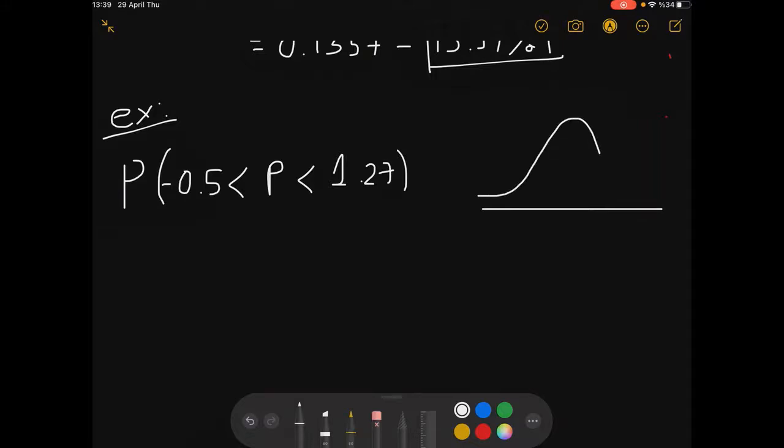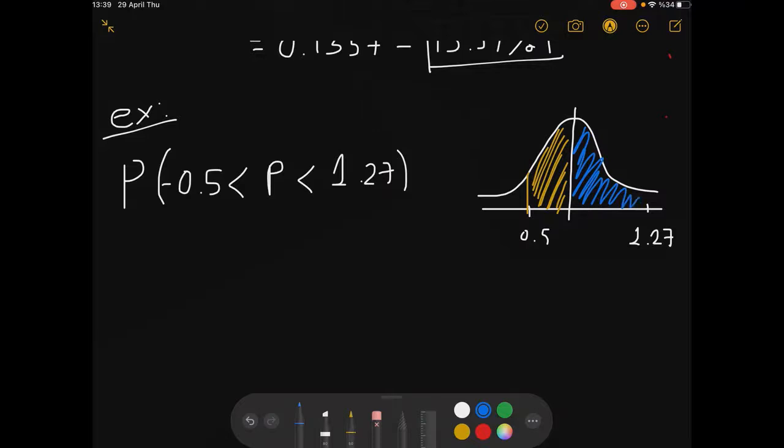Please don't rush and draw this in order to minimize your mistakes. All right, this is your 0.5 and this is your 1.27.